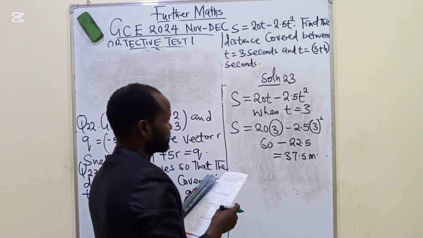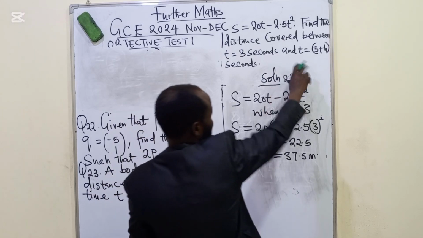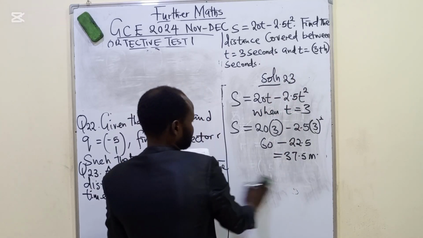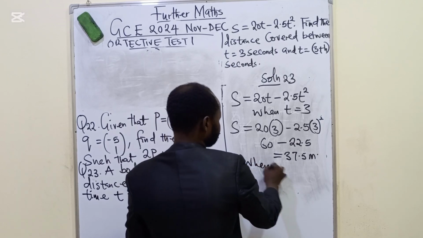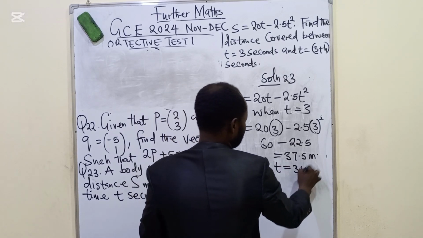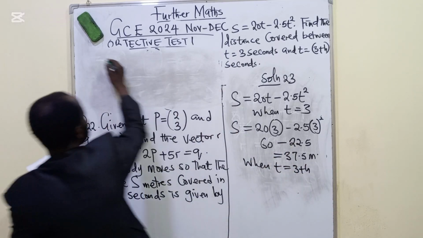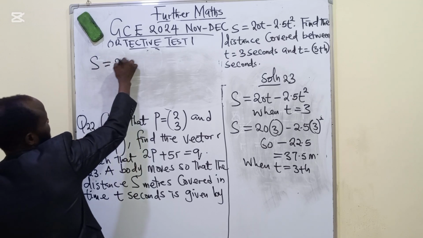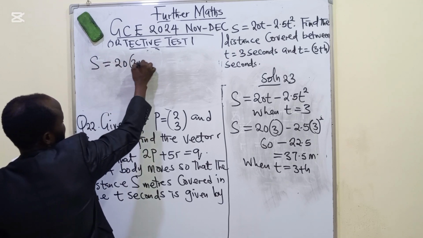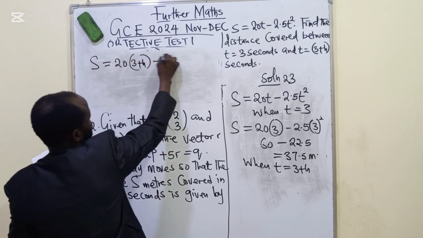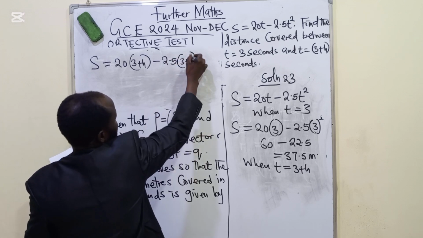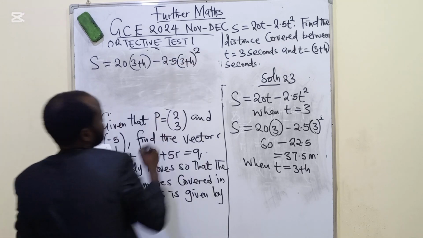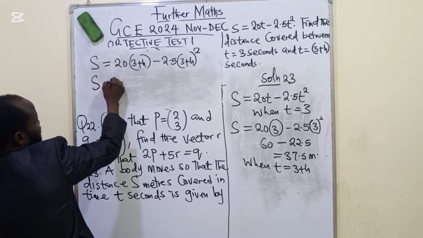Very important. When t is 3 plus h, what are we going to have? What will be our distance? Distance s now will be, we substitute 3 plus h: 20 into 3 plus h, minus 2.5 into 3 plus h all squared.